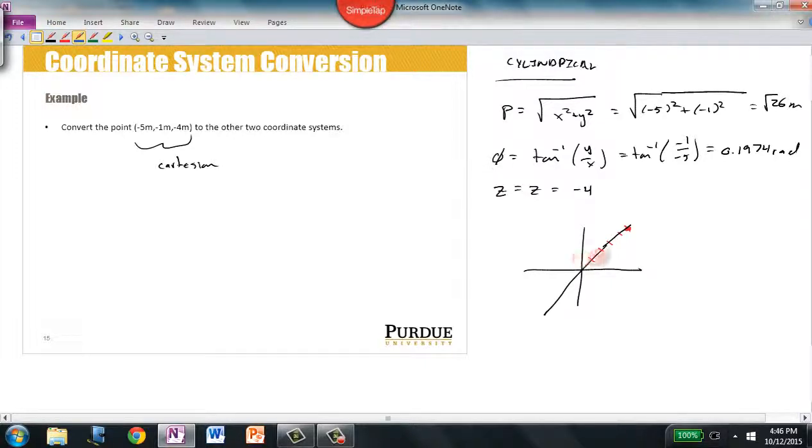We had -1 in the y, so that's that point right there. And we had -4 in the z. So that is that point right there. So where do all those intersect?